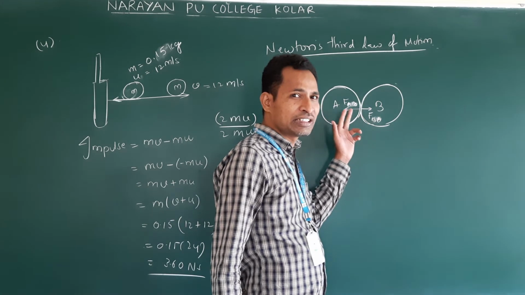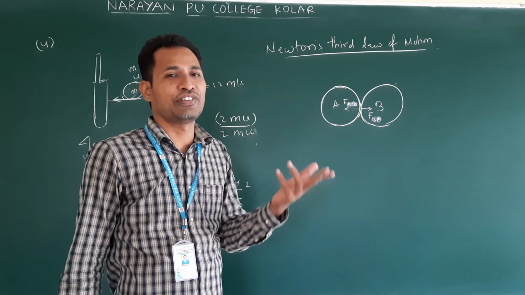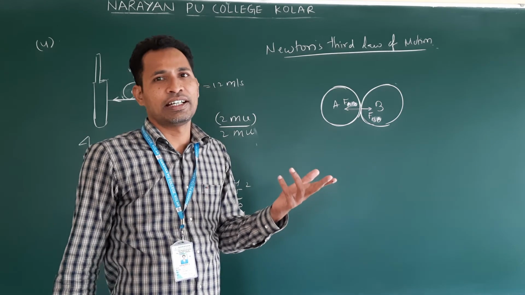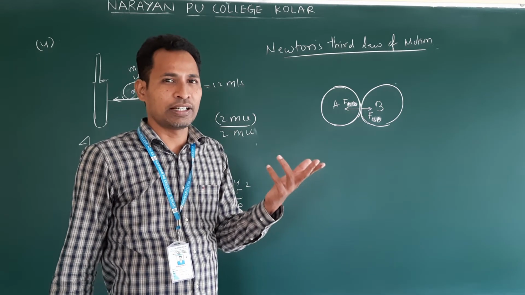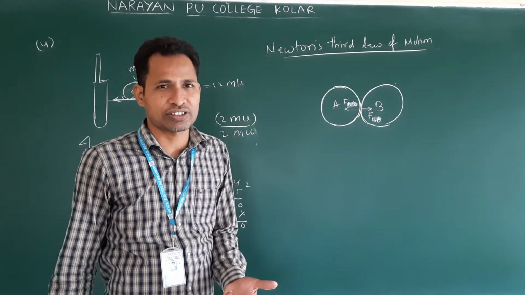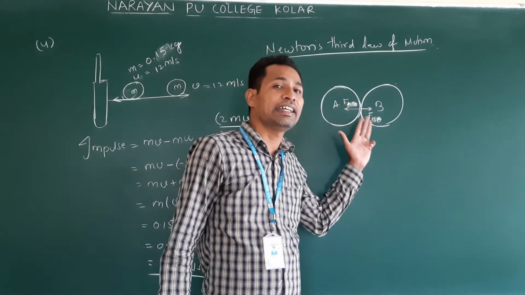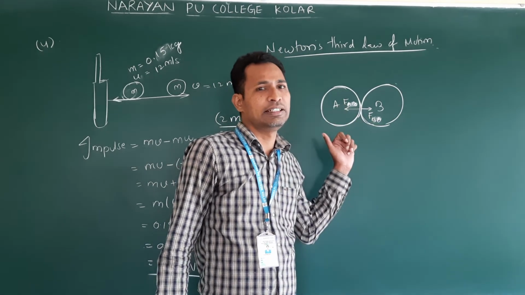Which is action, which is reaction, we cannot say. But the statement is correct: every action has an equal and opposite reaction. Which is first, action or reaction? We cannot say. Both occur simultaneously. Clear?